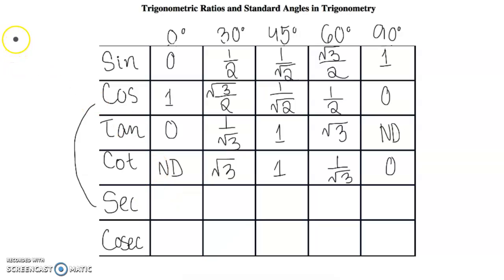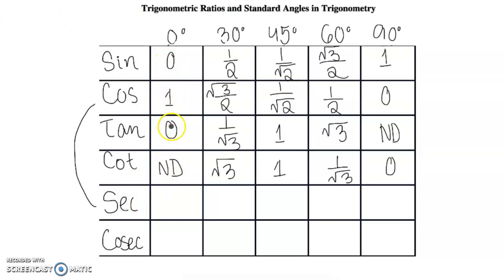Reciprocal means that when we have a fraction, let's say 1/2, the reciprocal of 1/2 would be 2 over 1 or 2. So sec theta is the reciprocal of cos theta.